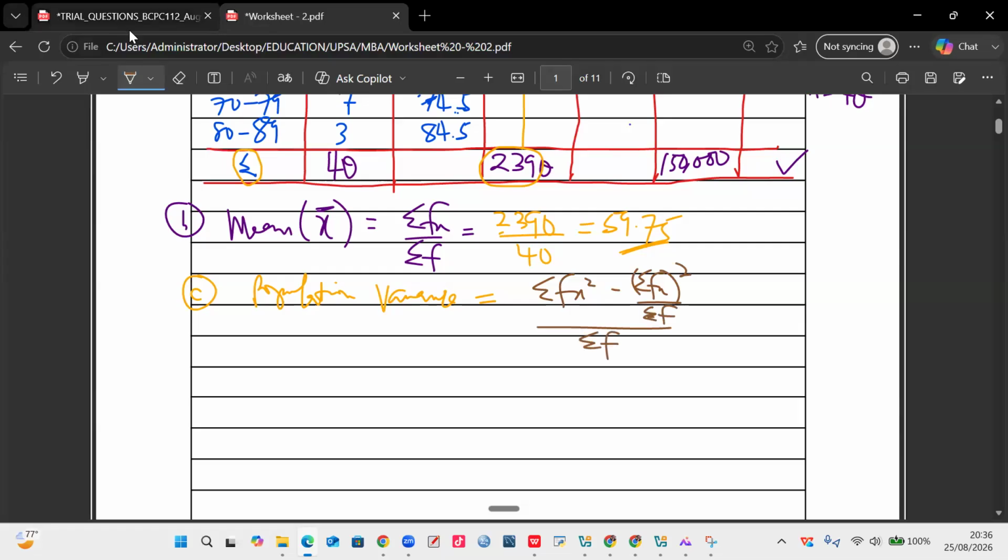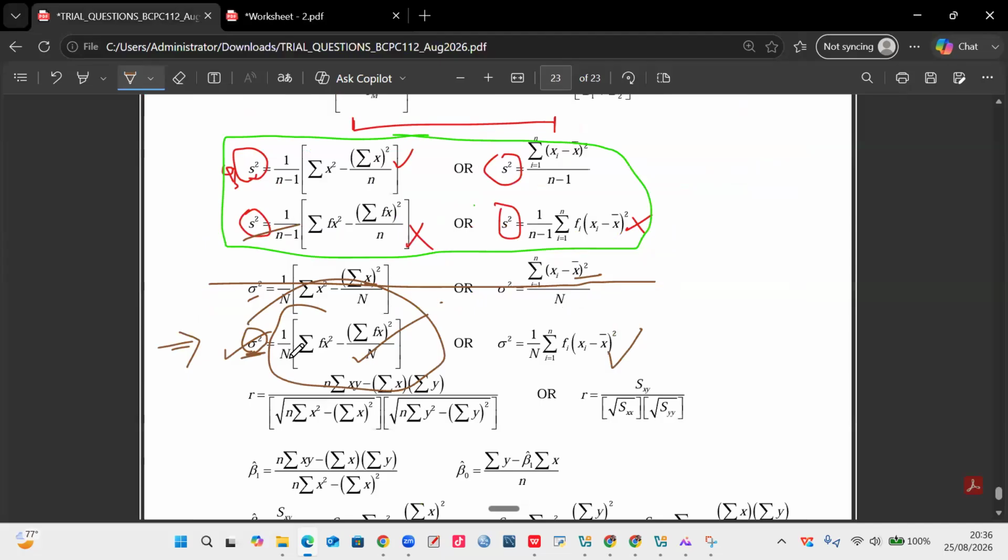Are you getting it? It's the same as just replacing the capital N with sigma f.